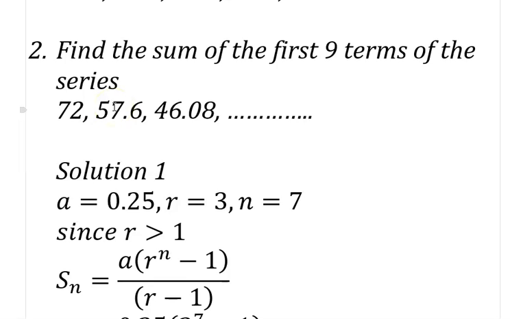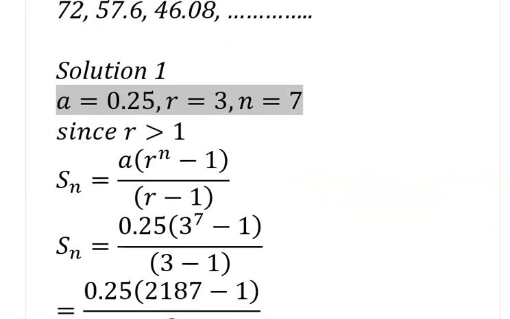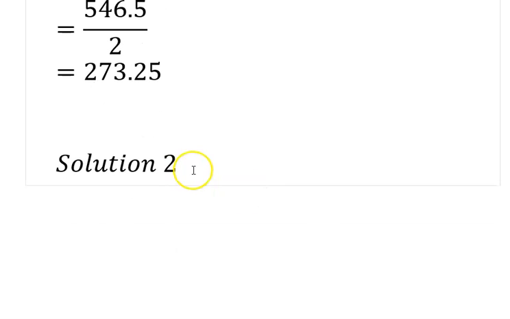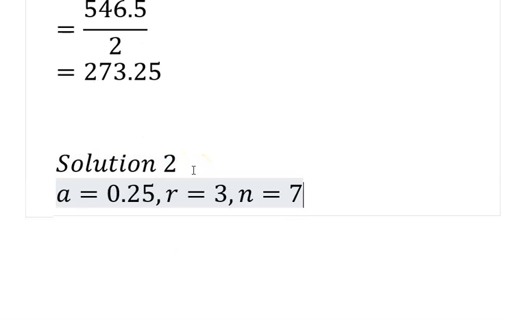Okay, let's bring out our calculator and punch. 57.6 divided by 72 gives us 0.8. 46.08 divided by 57.6 gives us 0.8. By implication, that means our common ratio is 0.8. So let's bring out our parameters. This time around, our first term is 72.